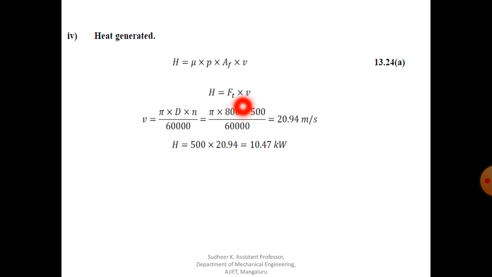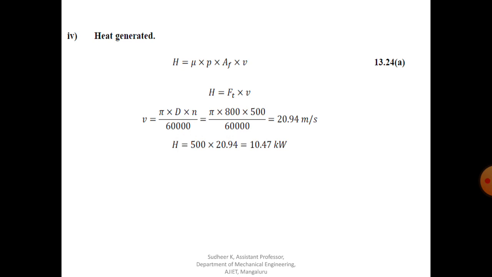Ft is the tangential force, V is the velocity. So pi d n divided by 60,000, you have to find the velocity. Pi into d, where d is 800, the diameter of the drum, into 500, n is the speed, which is given, divided by 60,000.